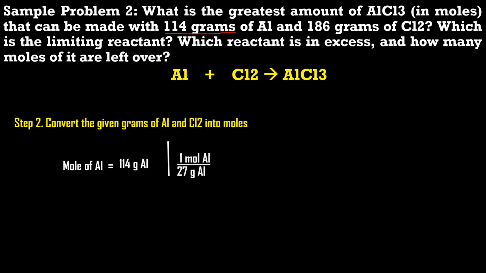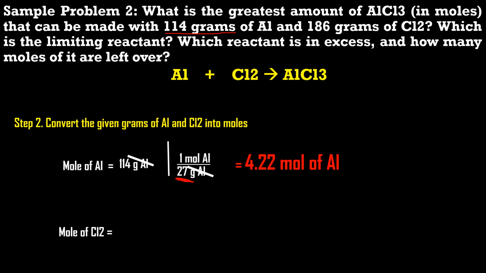The 1 mole is a constant value: for every 1 mole of aluminum, we have 27 grams of aluminum. The 27 grams is the atomic mass of aluminum, which is located in your periodic table. We cancel out the same unit. So 114 multiplied by 1 mole of aluminum divided by 27, the moles of aluminum is 4.22.